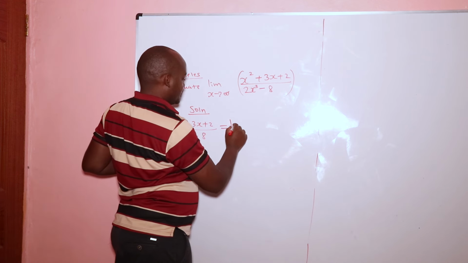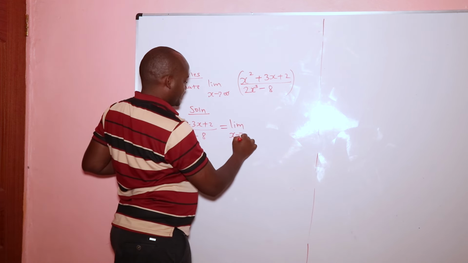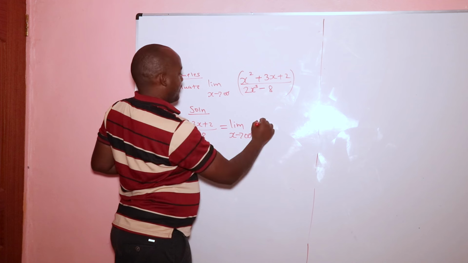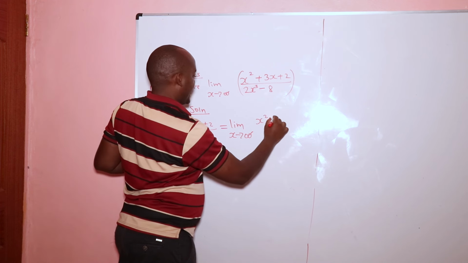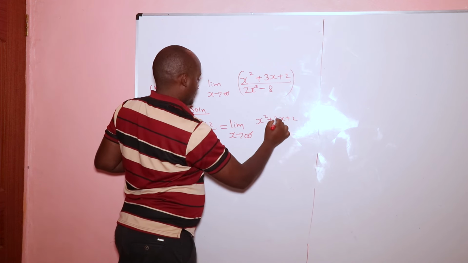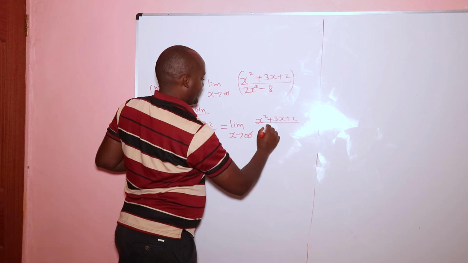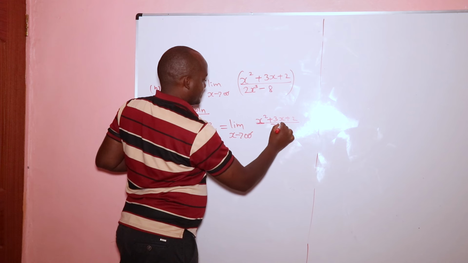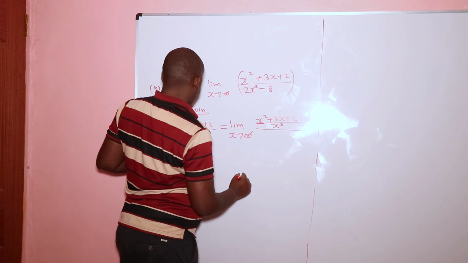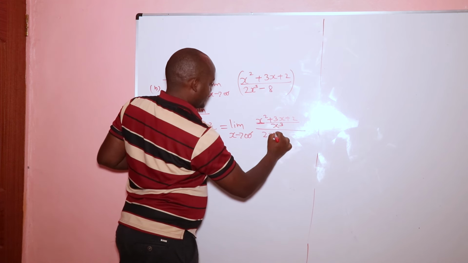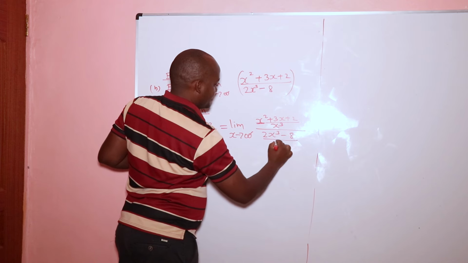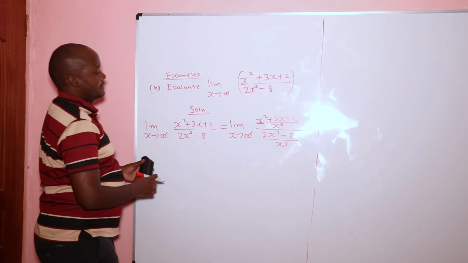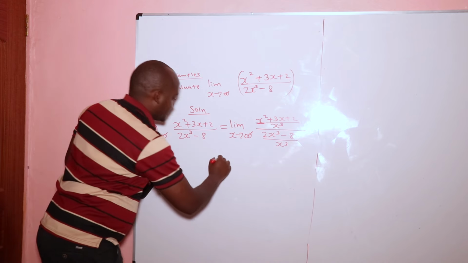Now this will give us the limit as x approaches infinity of x squared plus 3x plus 2 over x cubed, divided by 2x cubed minus 8 divided by x cubed. So what is going to give us what?